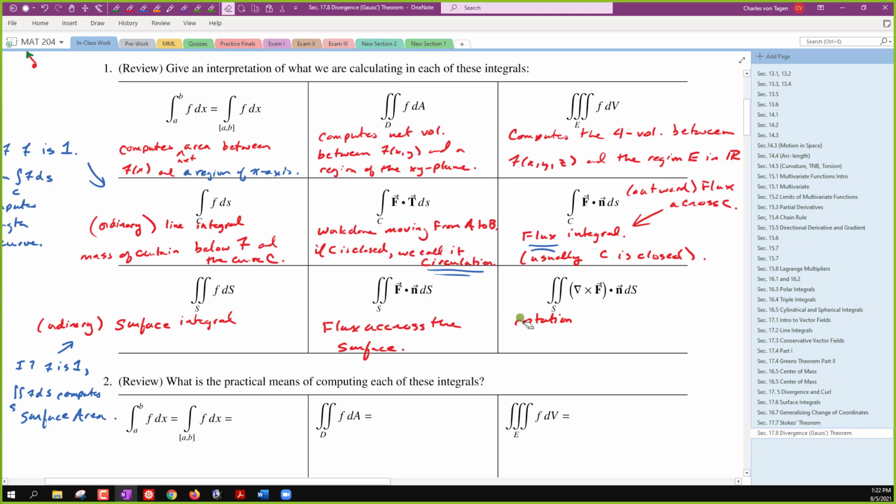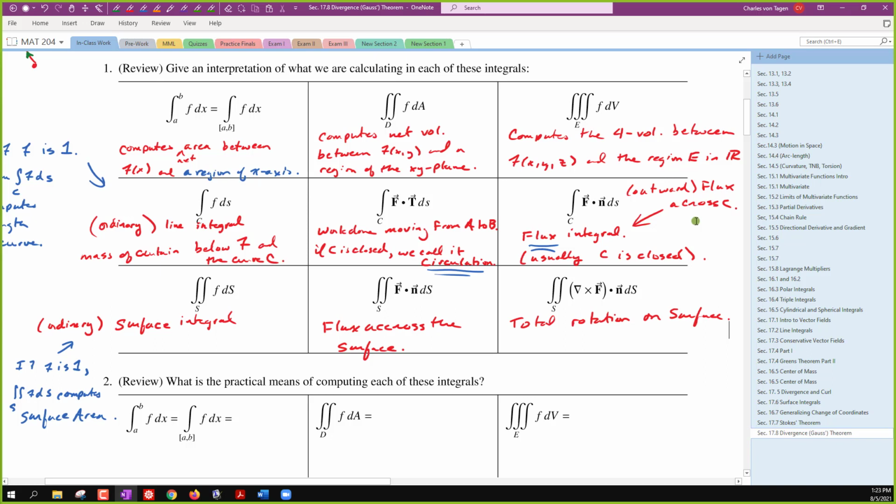So total rotation on the surface. Really, what it's measuring is the degree to which the normal vectors on the surface point in the same direction as the rotational vector of the vector field. That's a lot harder to say, so I'll just say the total rotation on the surface.